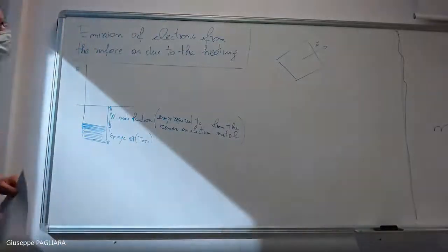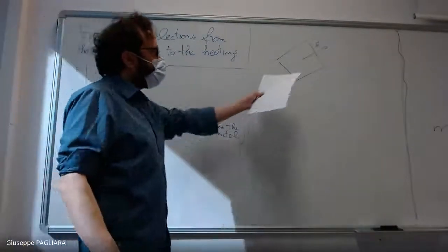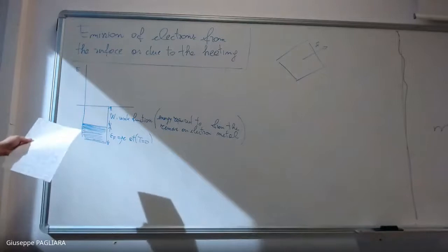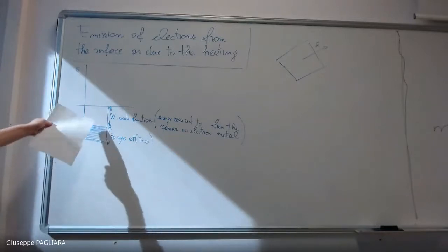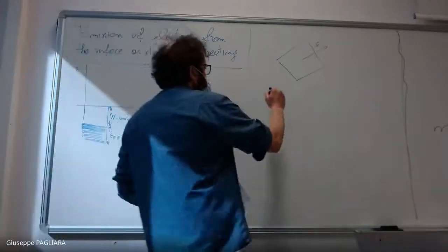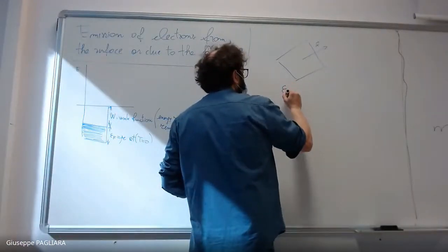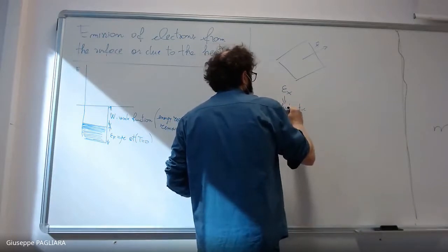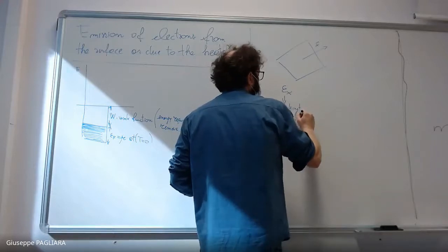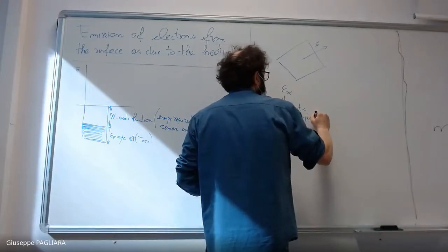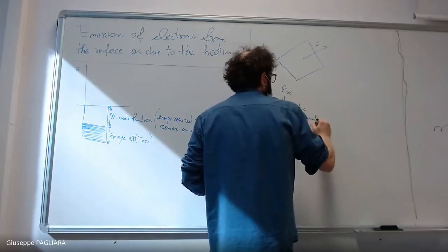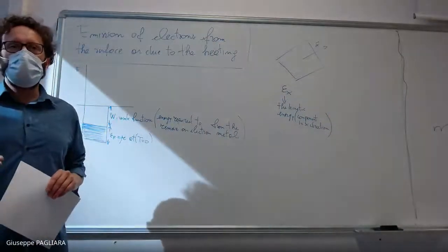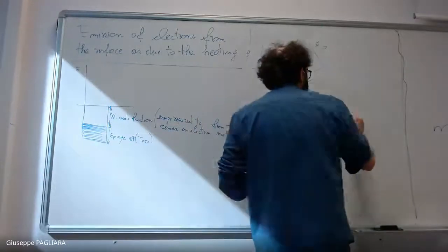The component of the kinetic energy in the direction orthogonal to the surface, let's suppose that is x, must be larger than W plus EF. By component, I mean the contribution to the kinetic energy provided by px squared divided by 2m.